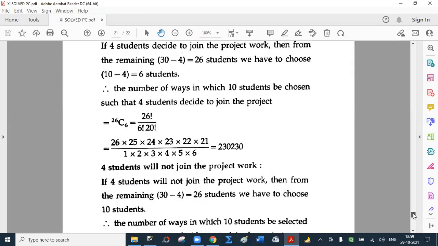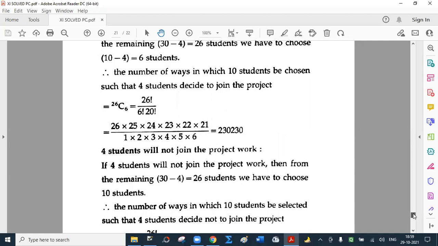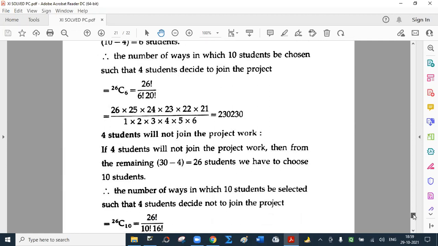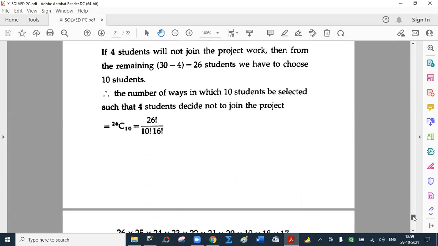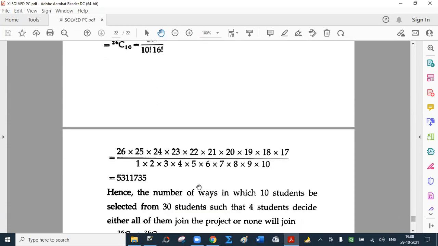Second possibility, 4 students will not join the project. If they are not joining the project, means 10 students are to be chosen, but not from 30, from 26. So this can be done in how many ways? 26 C10 ways. Here they have found the value as this. So what is total number?